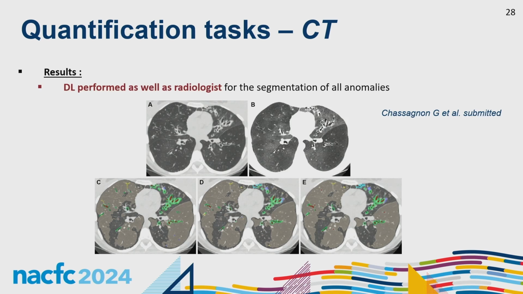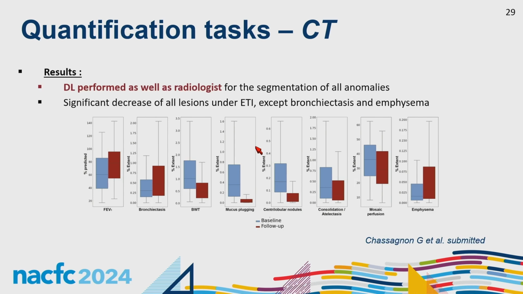So the tool is able to provide a mean of what several radiologists would have said on this CT scan. And you see here that the tool is able to perform the segmentation of bronchial wall thickening, the bronchiectasis in red, but also of mosaic perfusion.